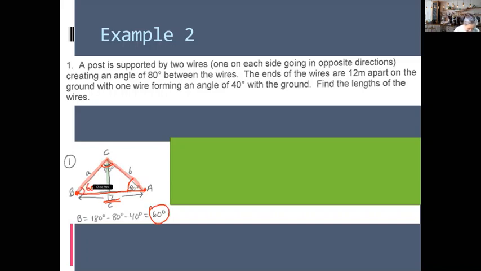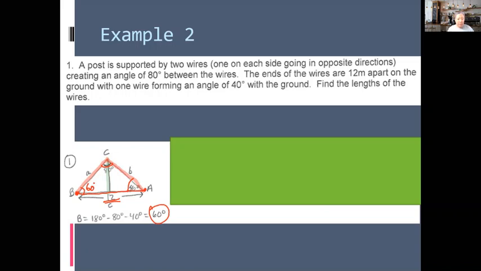This is 60, right? Then you can utilize the pair of the 80 degrees and the side measure 12 on the ground. That's gonna be the starting point of law of sine. Then you can go step by step and find all the measures, both of the wires, right?